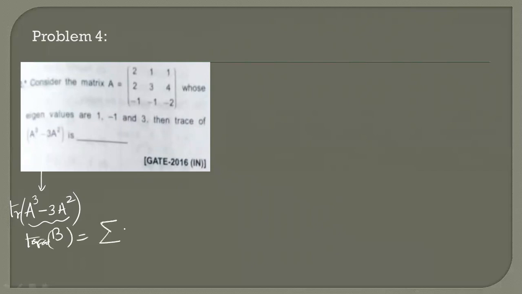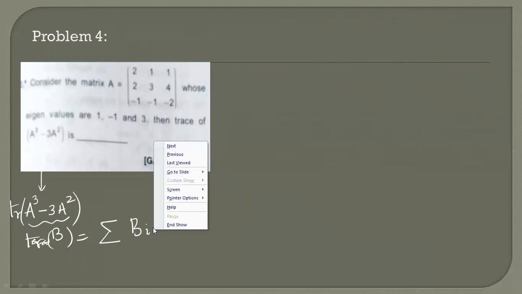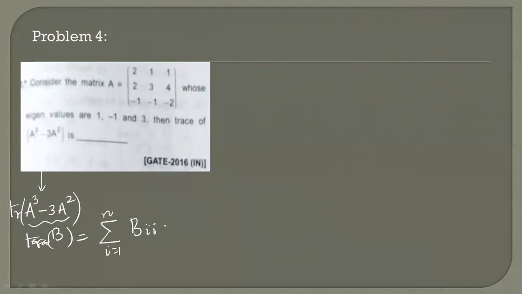It is the sum of all diagonal entries of the B matrix, i equal to 1 to n. And this is equal to the sum of all eigenvalues of matrix B. It is n cross n order, but here I am taking 3 cross 3 order.